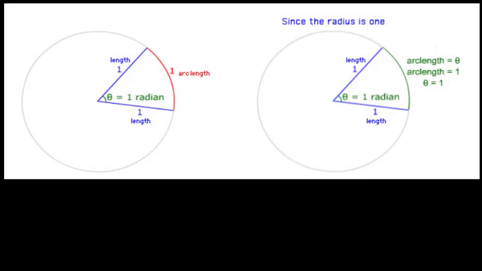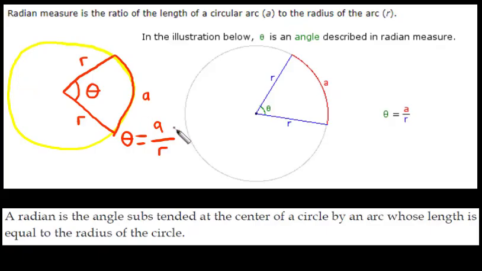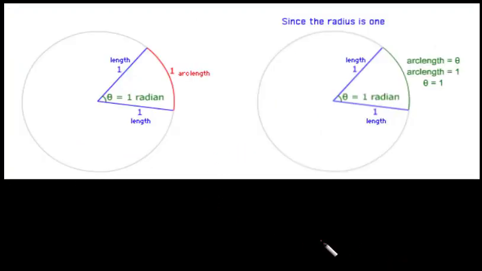All this is coming from the formula that we described here, where theta is equal to A over R. Since this is a measurement that can be measured, a graph was drawn to find the exact value of the radian measure, and it was found that 1 radian is equivalent to 180 degrees over pi.